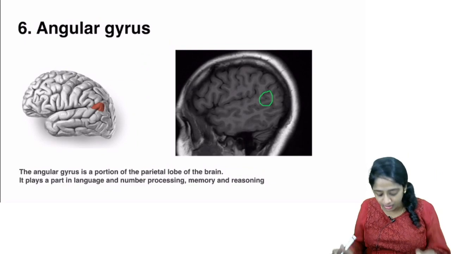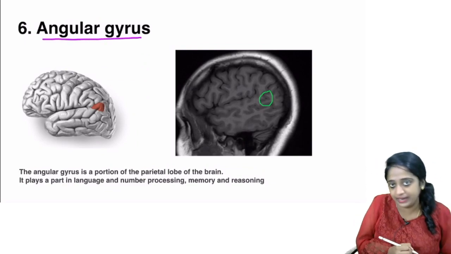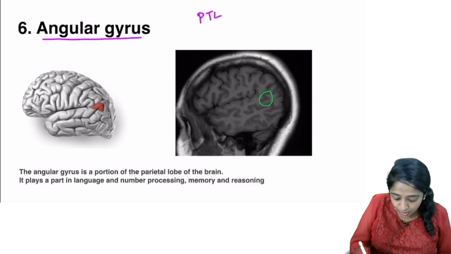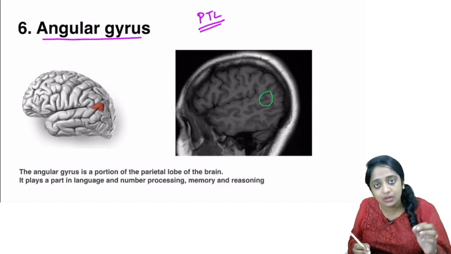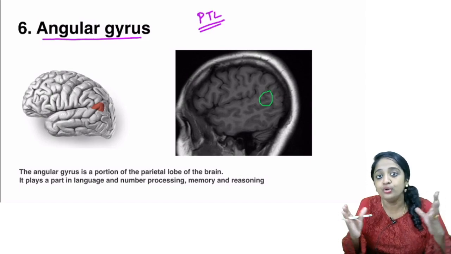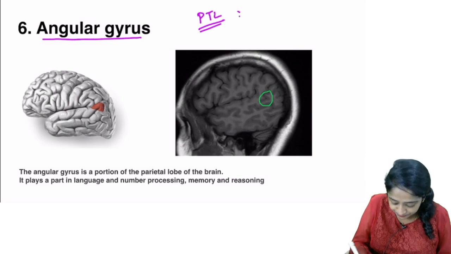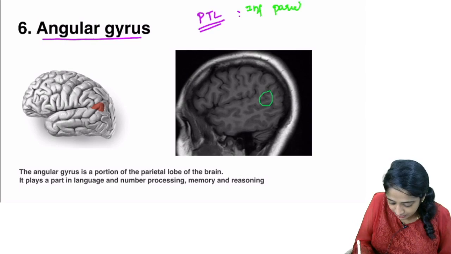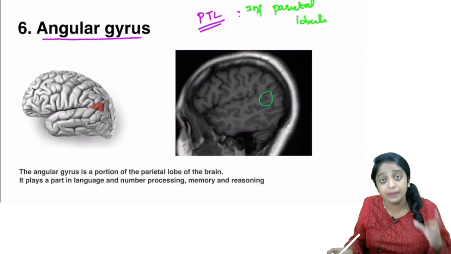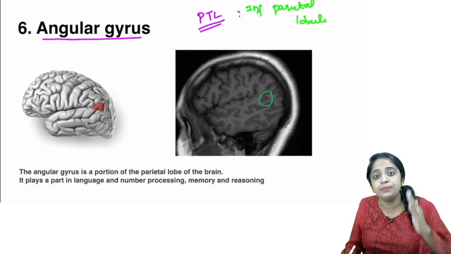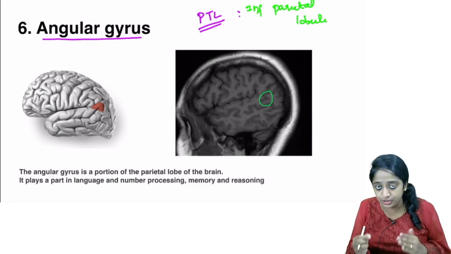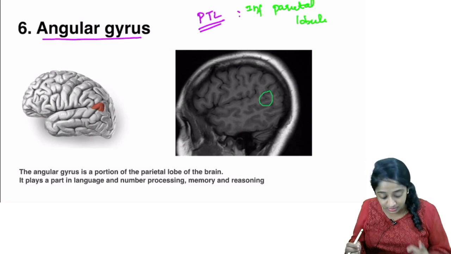Now coming to yet another important structure, the angular gyrus. So where again is angular gyrus? It is also a part of parietal lobe. So remember that the angular gyrus and the supramarginal gyrus together form an important structure called the inferior parietal lobule, located in the parietal lobe. So if the supramarginal gyrus was capping the lateral ascending end of the sylvian fissure, how can you identify angular gyrus?